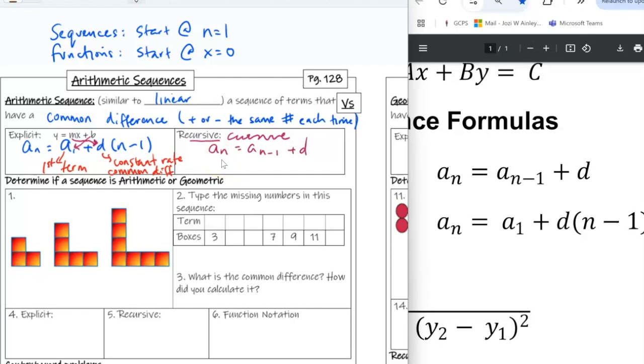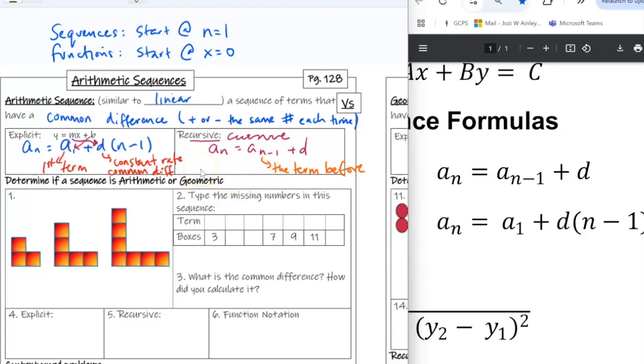The big thing to realize is that a sub n minus 1 means the term before. So you're taking the term before and applying the constant rate of change to it. If the term before is 5 and the constant rate of change is plus 2, then you're doing 5 plus 2. We'll go into detail when we look at an example.